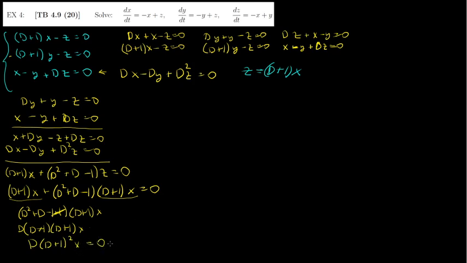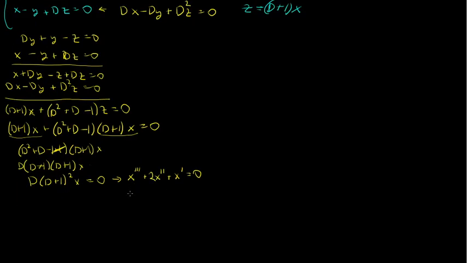Okay, so now how do we solve this equation? Well, one way is to expand this all out. If you expand it all out, you just get x triple prime plus 2x double prime plus x prime equals 0, in which case the auxiliary equation here would be m cubed plus 2m squared plus m equals 0.